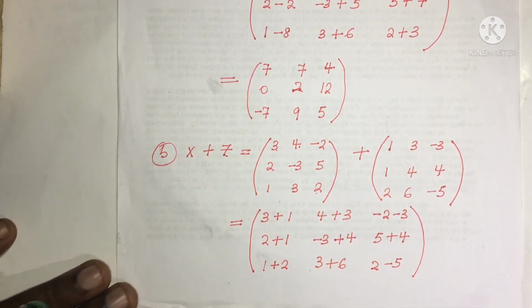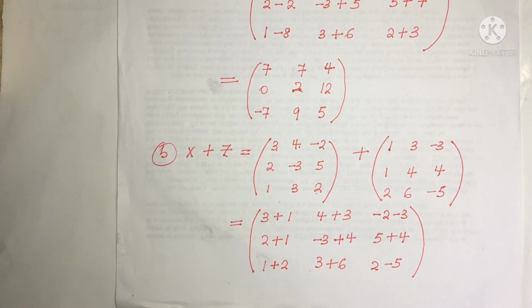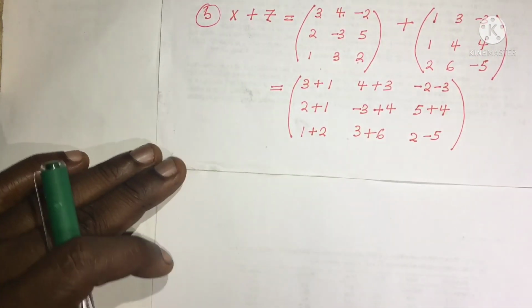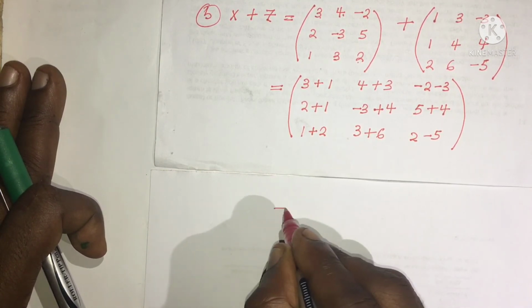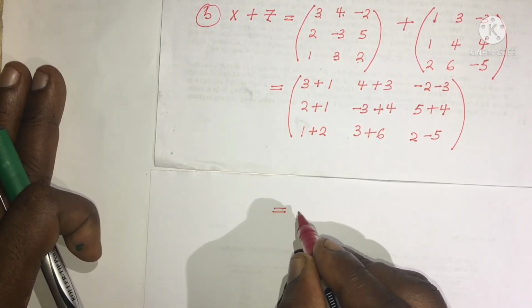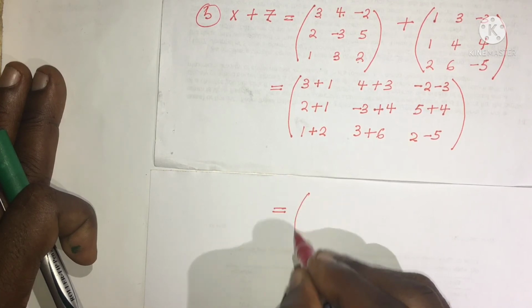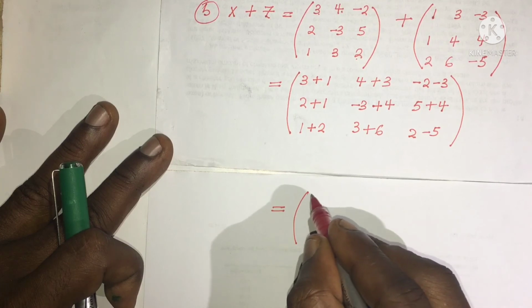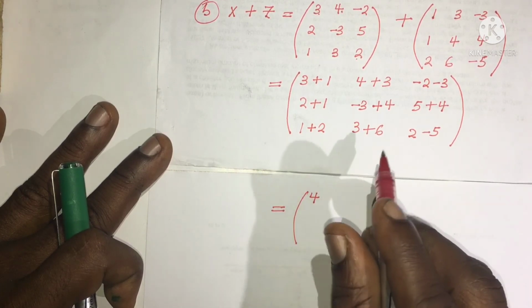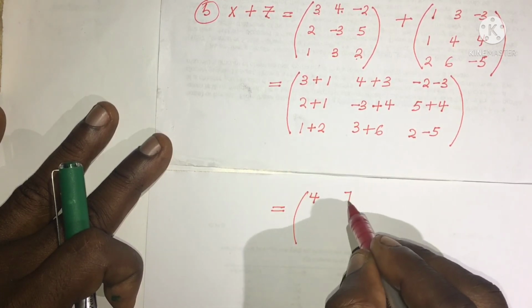Okay? So, to round up our solution, we are going to have, summarily, X plus Z giving us 3 plus 1 is 4. 4 plus 3 will give you 7.